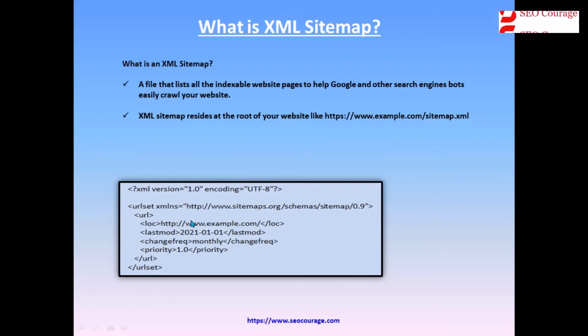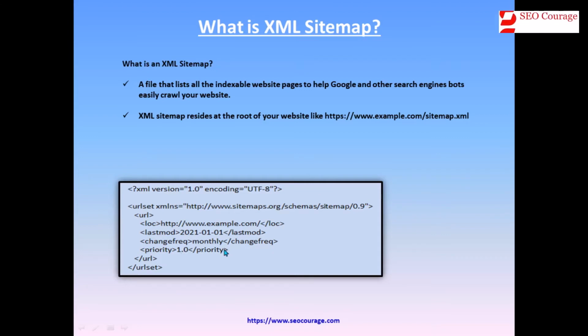Location is the URL of the web page. Last modified date is, suppose you updated your content, it will change here. And these two are not considered by Google, change frequency and priority, so you can avoid these two tags here.